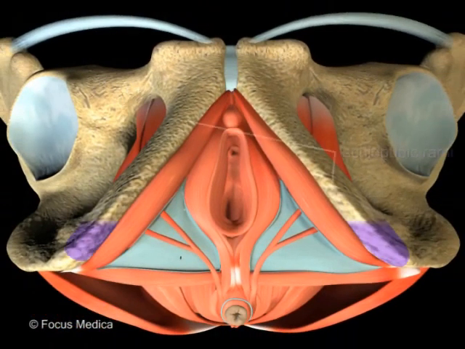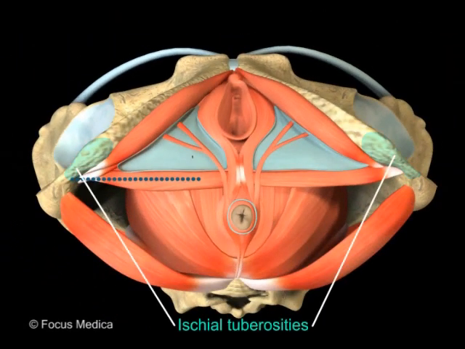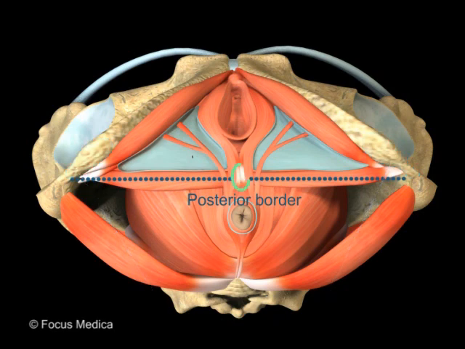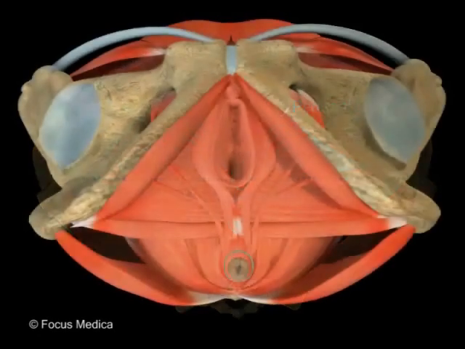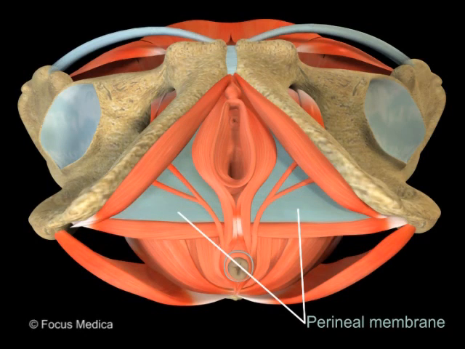It is bounded by the ischiopubic rami on either side and the pubic symphysis in front. A line joining the two ischial tuberosities forms the posterior border. In the middle of this border lies the perineal body. The roof is formed by the inferior fascia of the urogenital diaphragm, also called the perineal membrane.